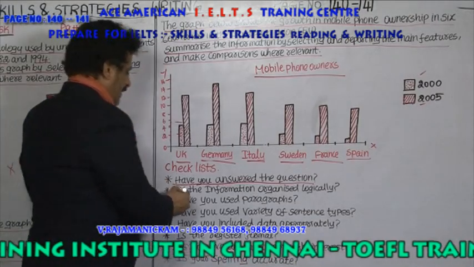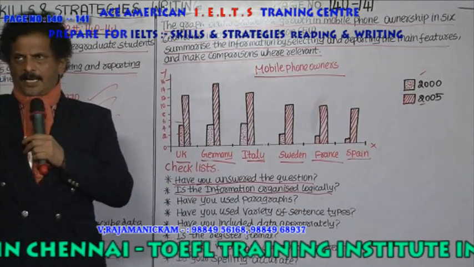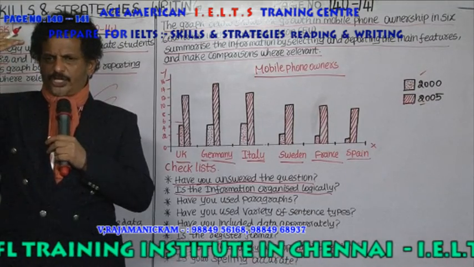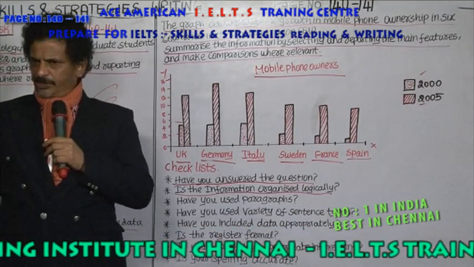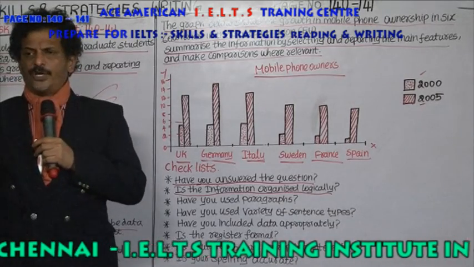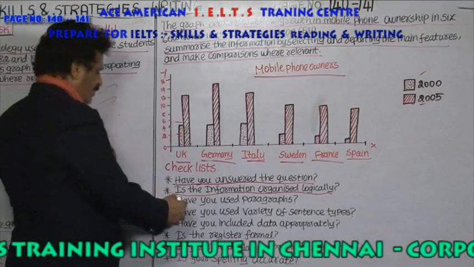Number 2, is the information organized logically? All the information and details, have they been arranged logically, with the introduction, the body part with the facts and figures, and going on to a conclusion? Have you used paragraphs?